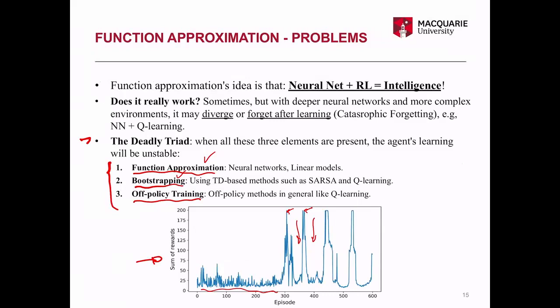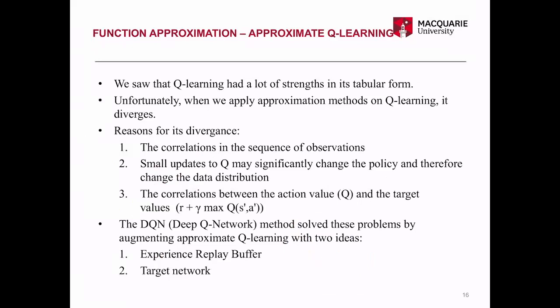When some people studied this, they realized that there are at least 3 reasons for that, especially in the case of Q-learning. The problem is that there are correlations in the sequence of observations. When you observe something and you do something, it's highly correlated with your next state and next actions. So you're kind of narrowing down your decision making as you're making your decisions.